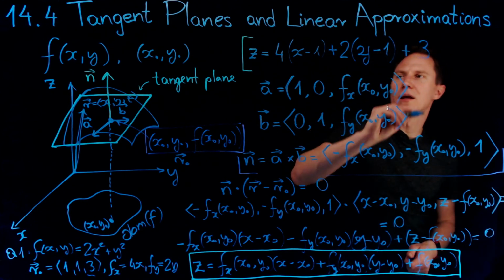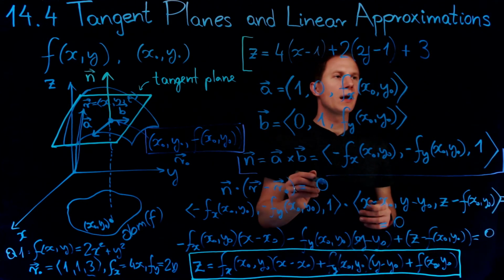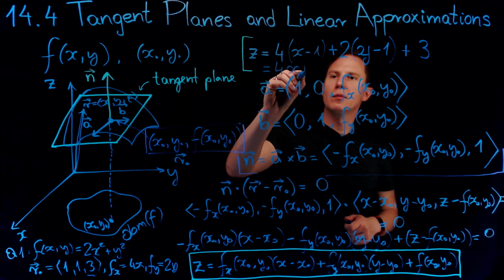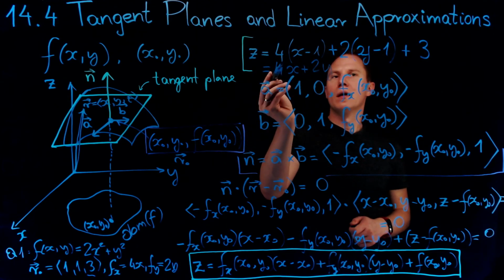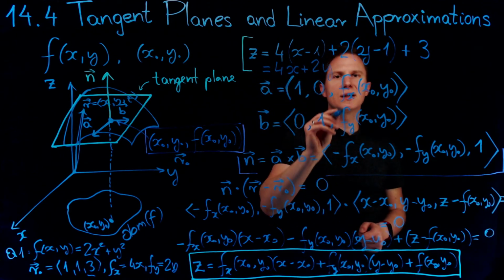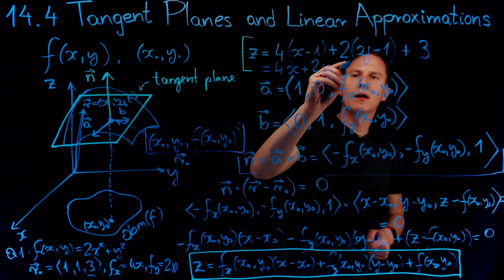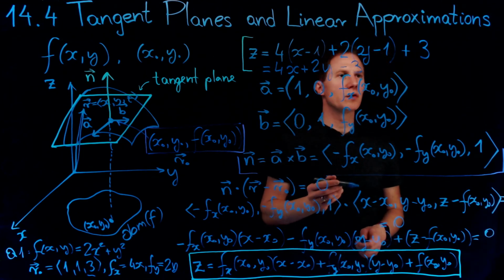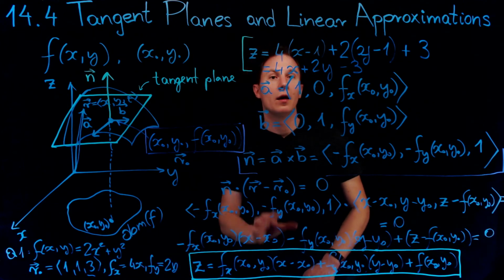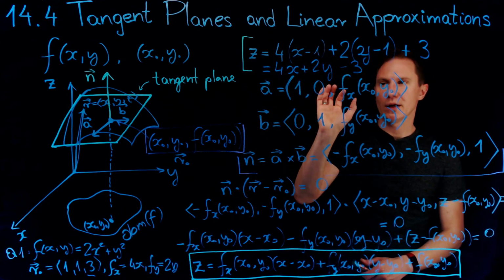You can expand this to get 4x plus 2y minus 4 minus 2, that's minus 6, plus 3, that's minus 3. So the equation of the tangent plane is z equals 4x plus 2y minus 3.